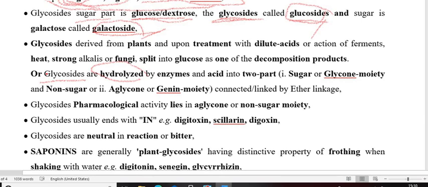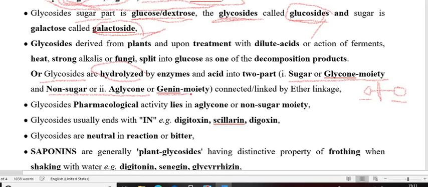As we already discussed, it is made up of two moieties, sugar and non-sugar, connected by an ether linkage. After breaking this bond, it divides into two parts, sugar and non-sugar moiety. The sugar moiety of glycoside is called glycone, and the non-sugar moiety is called aglycone or genin.